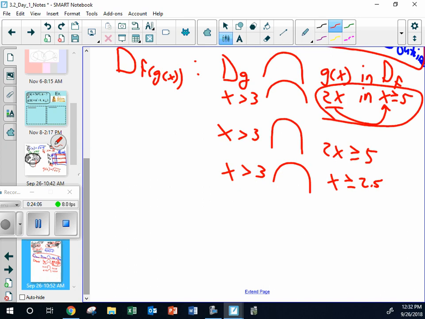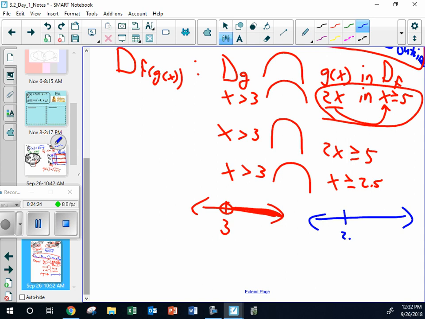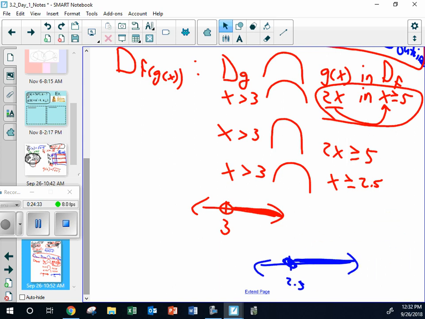Now that I've got it down to those two, I strongly recommend number lines, because seeing where things overlap is really pretty easy on a couple of number lines. So here's a number line with a 3. Here's a number line with the 2.5. And now, if I want to see where they overlap, I go like this.